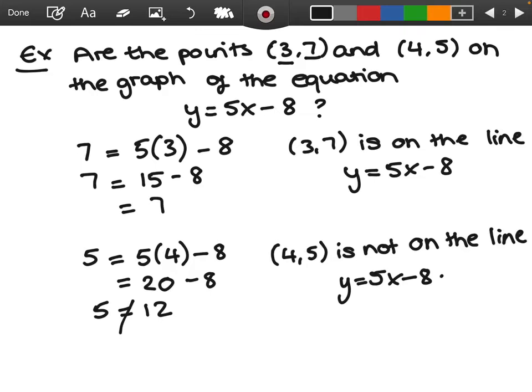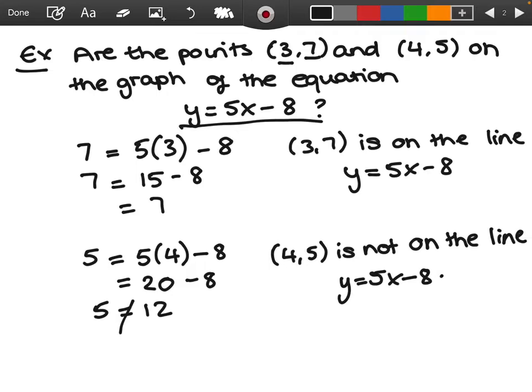This particular equation, y is equal to 5x minus 8, is what is called the slope-intercept form of the line. We'll talk more about this as we go on, but it's the traditional form that we see a line presented in. Sometimes it may be presented in a slightly different way, being the general form of a line, and we'll come to this in a minute.